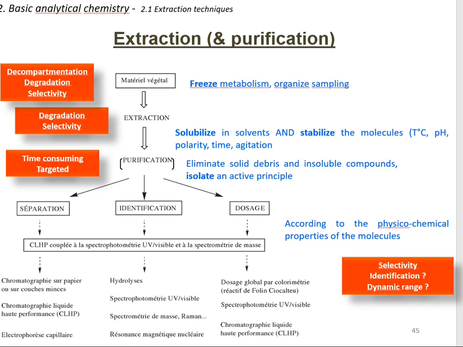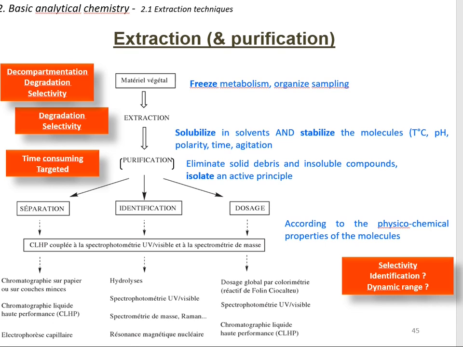And then, well, you can use different techniques or a combination of them. You will usually have to separate the compounds, identify them, and quantify them. So you will use chromatography mostly for separation, as we already said, identification through spectrometry and mass spectrometry or NMR, and quantification using different techniques with or without standardization.